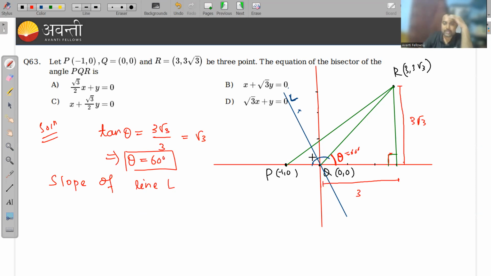Okay, and this is the angle bisector. L is the angle bisector of this blue angle PQR, right? That means this angle is equal to this angle, है कि नहीं? ठीक है, and this angle is 90 degree, so this angle will be 30. ओके, सो दिस इज 30। इफ ये 30 हो गया तो फिर ये क्या हो जाएगा बेटा, बोलो? ये 30 हो गया, ये 60 हो गया, and I know this line is the angle bisector.